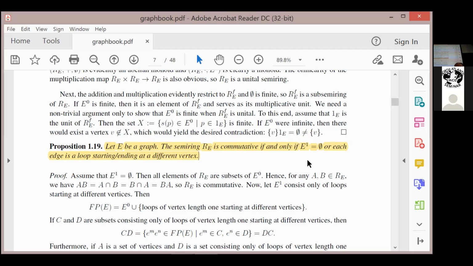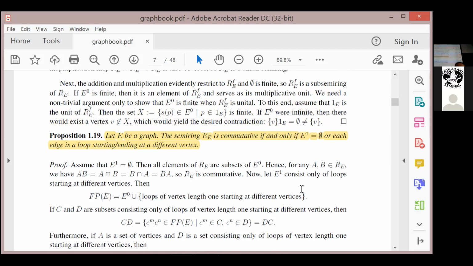And at a given vertex, you have only one loop, of length one. Of course I can then wind around as many times as I want. But when I look just at E1, at the edges, I have just a bunch of loops, and each and every one of these loops starts and ends at a different vertex.